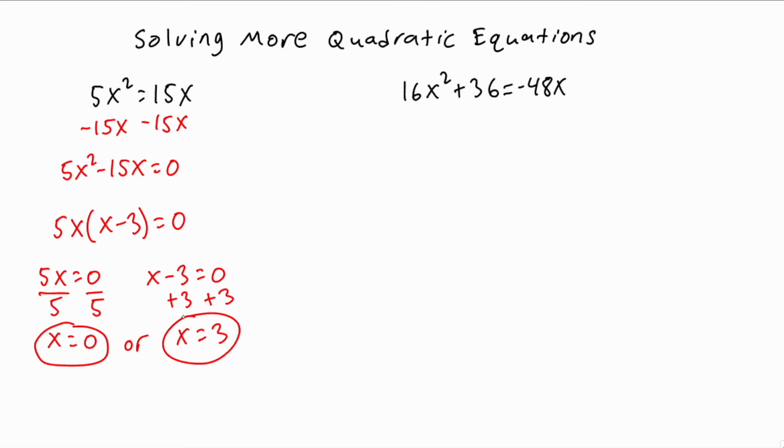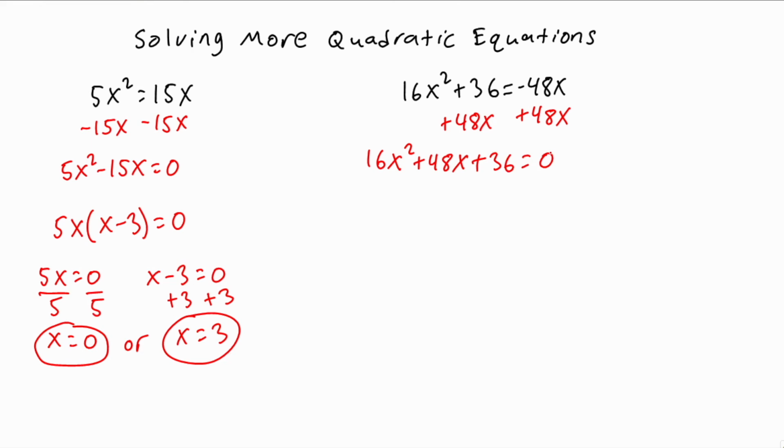And on the right one, well, we're going to start by adding 48x to both sides. There are no like terms on the left side for that to add with, so it's just going to be straight 16x squared plus 48x plus 36 equals 0.